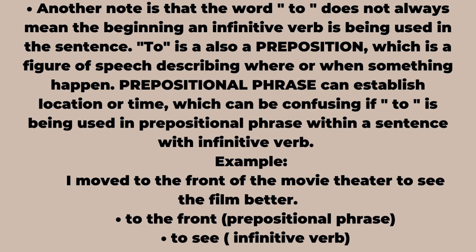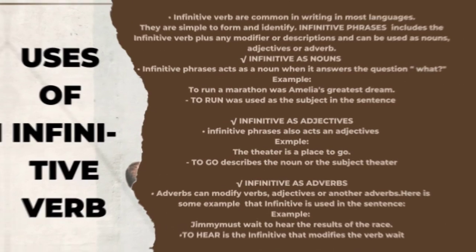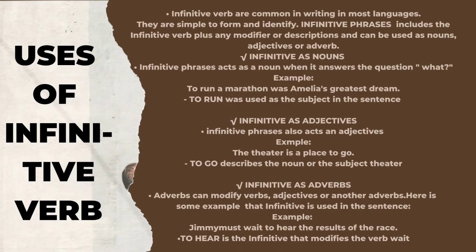Example: I moved to the front of the movie theater to see the film better. So, to the front is the prepositional phrase and the infinitive verb in the sentence is to see.